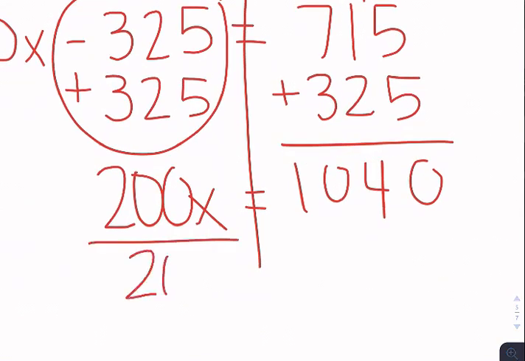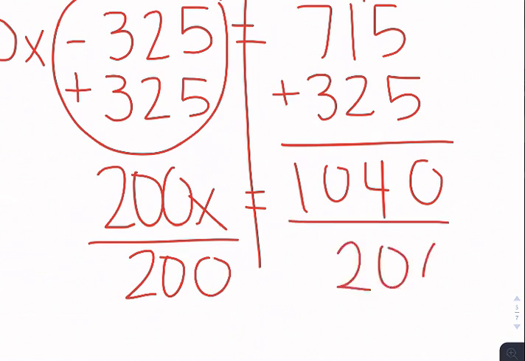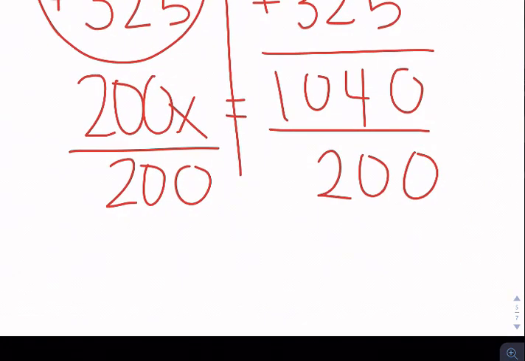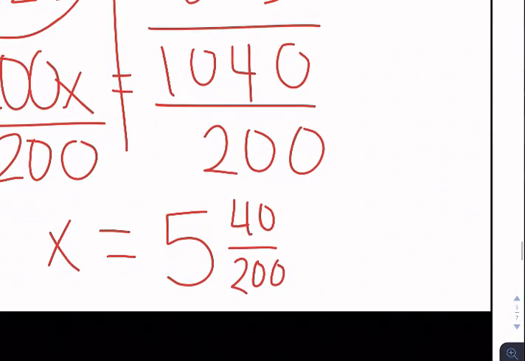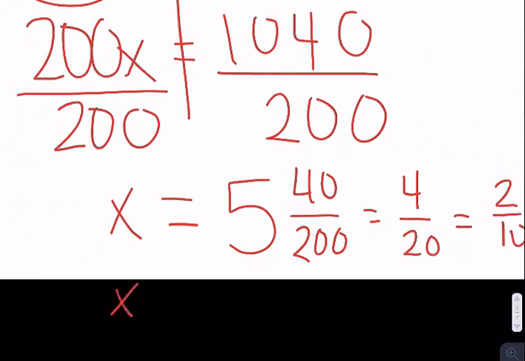So I am going to divide both sides by 200. 200 goes into 1,000 5 times, and that would be 1,000. So I'd have 40 over 200 left, which is really 4 over 20, which is really 2/10. So x equals 5 and 2/10.